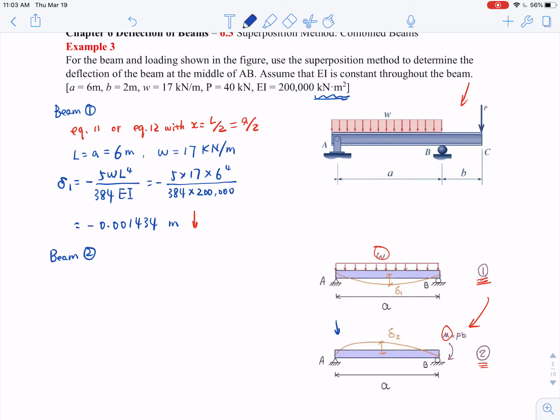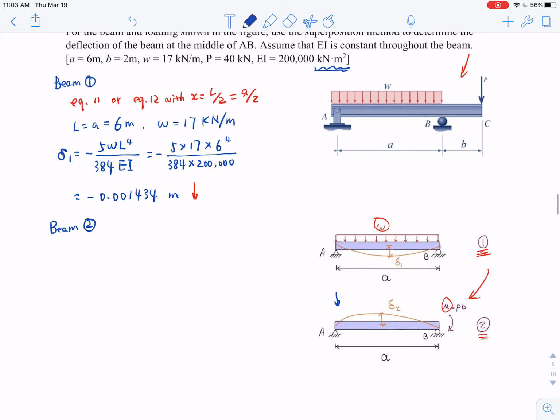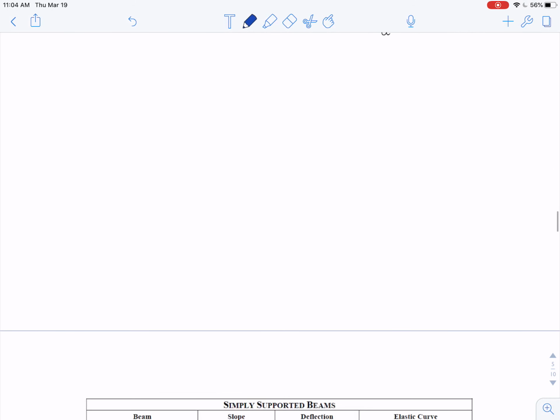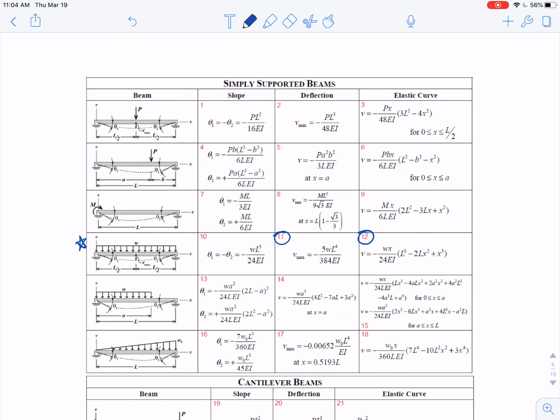Beam 2 is here. Beam 2 is a simply supported beam subjected to a bending moment at the right end. Again, it's the equation of this case. But in this table, this bending moment is added to the left end. Then we can use equation 9 to solve this problem.